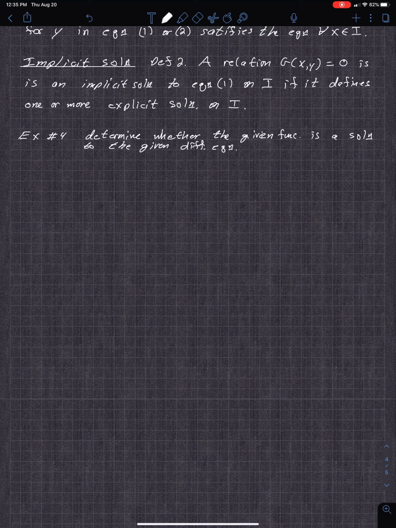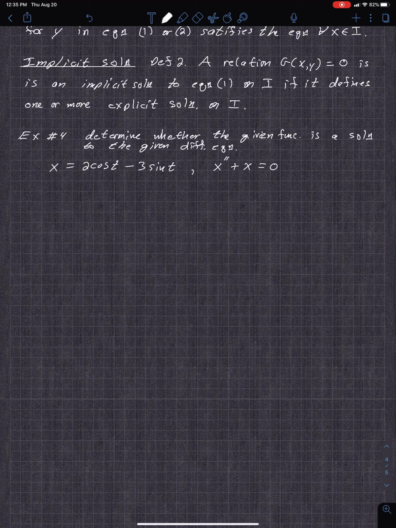So if you're given x equal to 2 cosine t minus 3 sine t, okay, so that's the given. Is that a solution to this differential equation? x double prime plus x equal to 0.